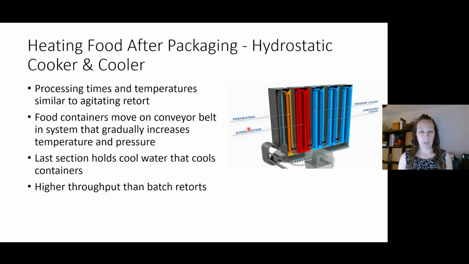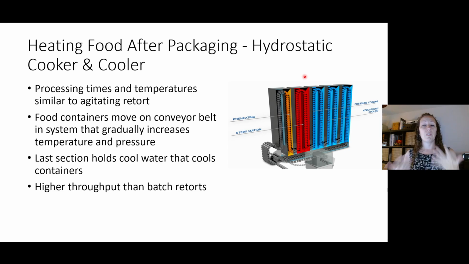These cans are on a conveyor belt going through here. It's preheated. They go through a sterilization part where the pressure is high also, so that it's still getting the high pressure temperatures. Then it continues on its conveyor belt into a cooling area. So it's able to be heated and cooled really quickly.